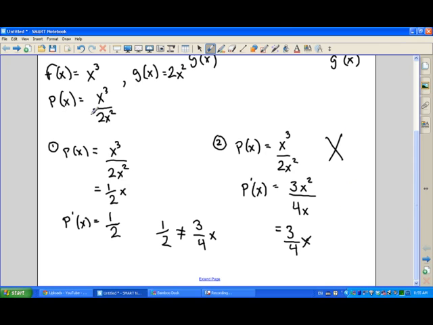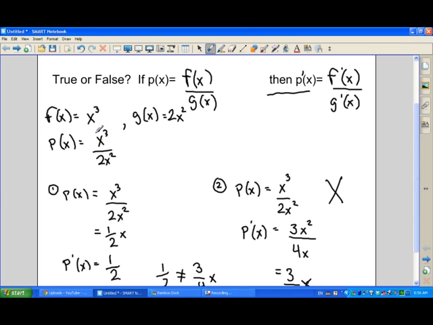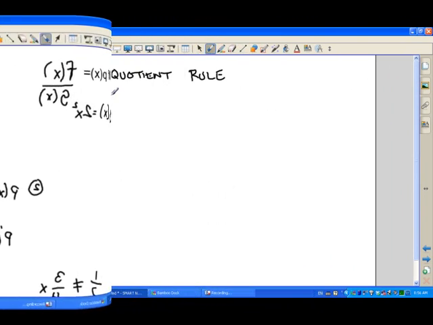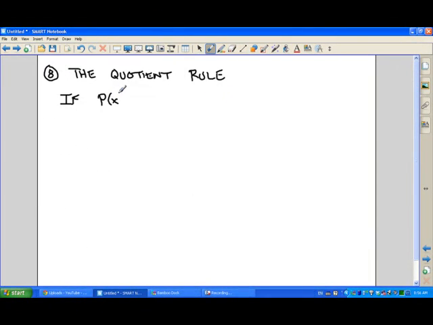So we need to find a way that does, because when we have quotients, we're not always going to have something as easy and as simple as x cubed over 2x squared. So this leads us to derivative rule number 8, the quotient rule.